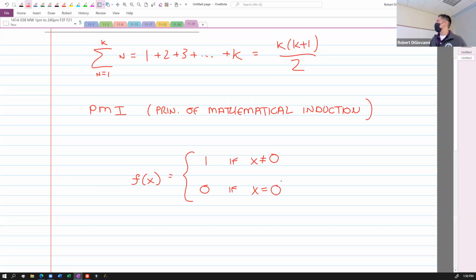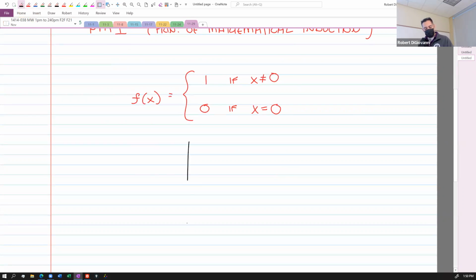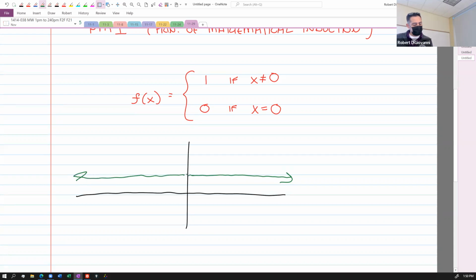Okay, so think about what the graph of this function looks like. If you were to graph it, it would be 1 everywhere, wouldn't it? So let's say this is 1 up here. In that direction, this direction, it would be 1, except here at 0, right? At 0, it would be down here at 0.